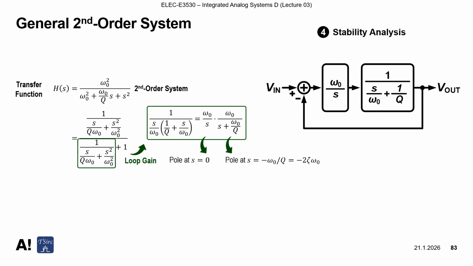And for the second part, the lossy integrator, we can find that the pole is located at s equal to minus omega 0 over Q, right here, the denominator part. Or in another way, we can describe the pole as located at minus 2 times zeta times omega 0, because we defined zeta equal to 1 over 2 times Q.